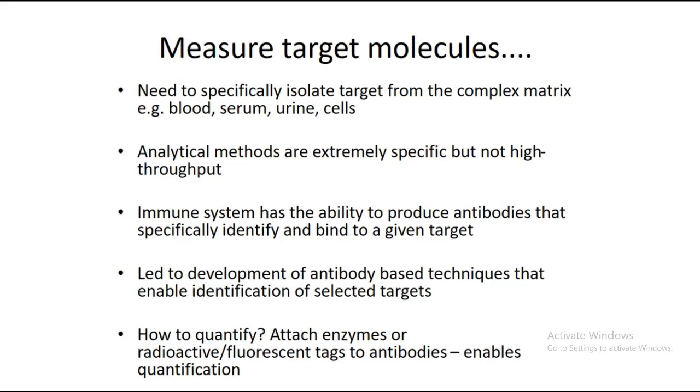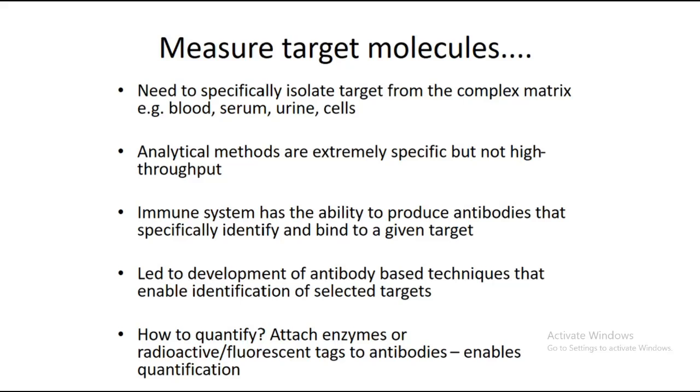And generally speaking, analytical methods such as mass spectrometry and other analytical methods are extremely specific and very accurate, but they're not high throughput. So it's very difficult in many cases to implement these types of technologies in the clinical lab.